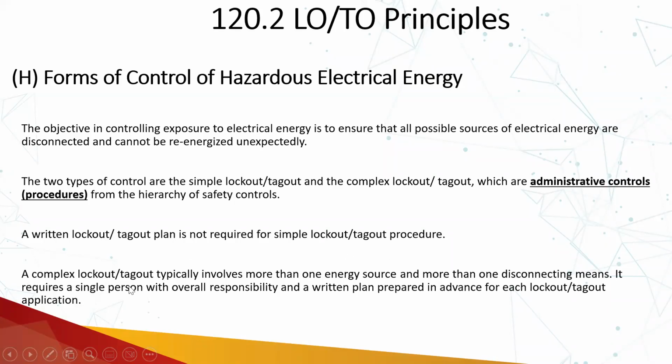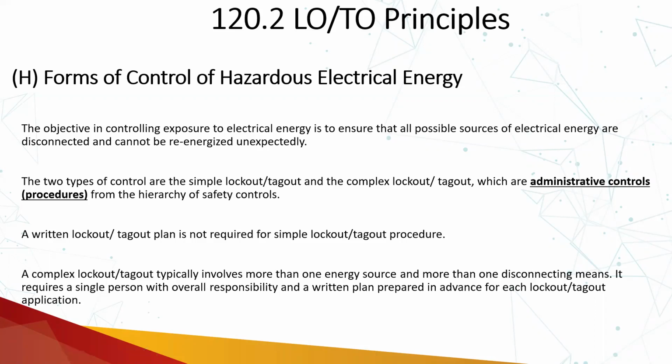And for the complex lockout and tagout, it typically involves more than one energy source, more than one disconnecting means. It requires a single person with overall responsibility and a written plan prepared in advance for each lockout and tagout application. So you should know the difference between the simple and the complex lockout and tagout.